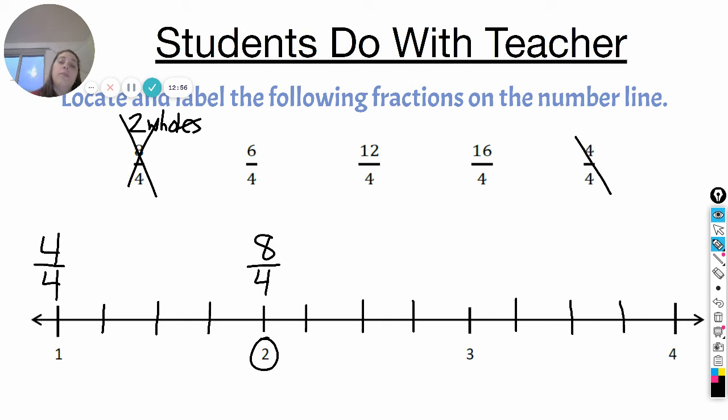So I can cross out 4 fourths, but let's figure out if that's right. If 4 fourths is 1 whole, then 4 divided by 4 should be 1. Count by 4s till we get to 4. Well, we only had to count once, so 4 divided by 4 equals 1, which means 4 fourths is 1 whole.